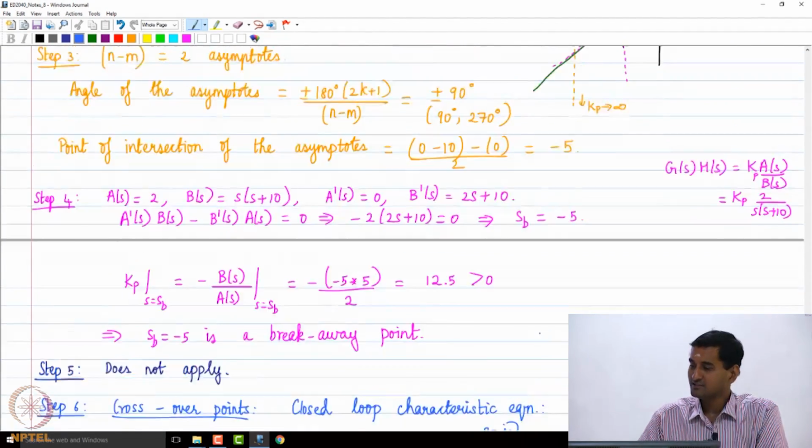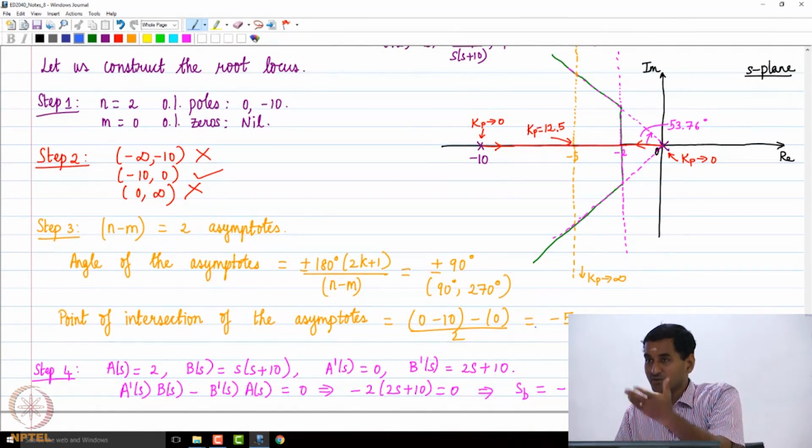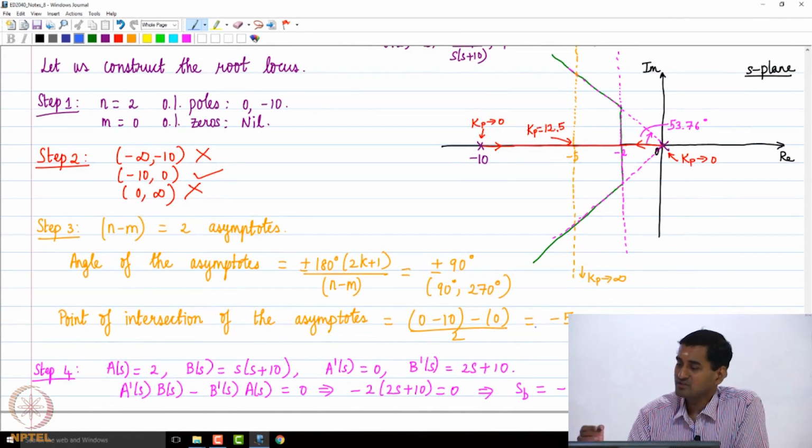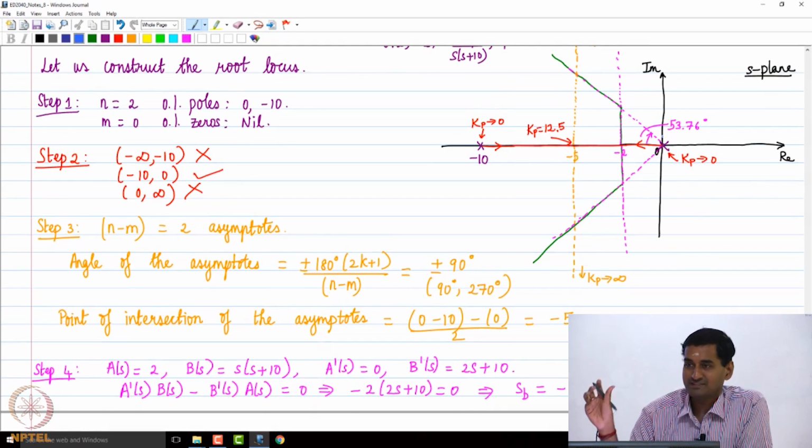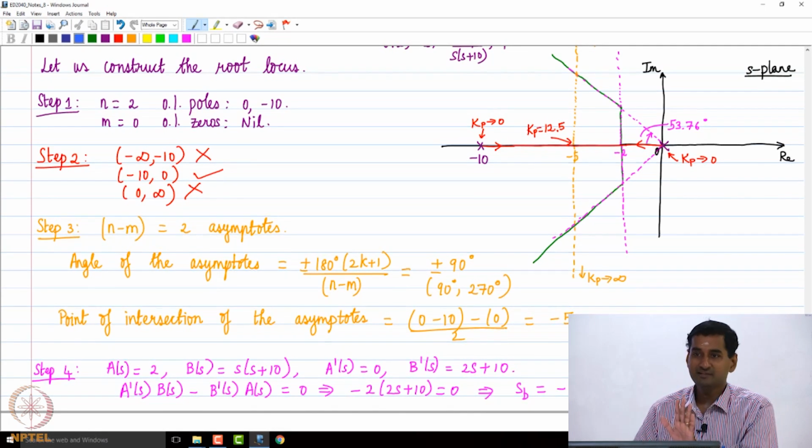That means that the root locus does not cross the imaginary axis except when it starts at the open loop pole, that's it. That's what we can interpret from this calculation. So there are no further crossover points. It starts at the origin when K tends to 0, because that's an open loop pole.